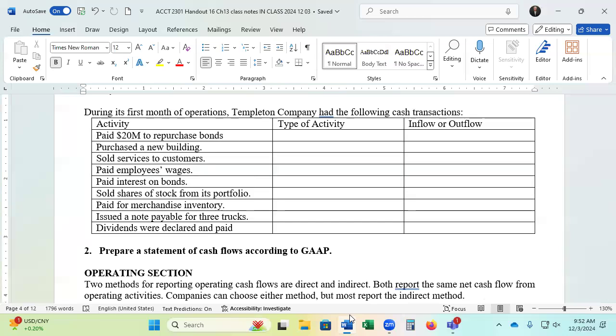If you're worried about keeping your paper neat, just write next to it on the left-hand side whether or not you think it's operating, financing, or investing based on the way we've talked about it before and you're reading from the chapter. I'll give you about 2 minutes. If you have any questions, please ask as I walk around.